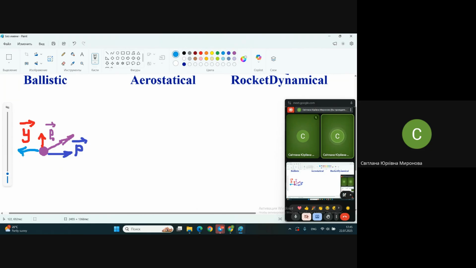This force, traditionally designated as the letter X, is called drag. So: lift, drag, and the force that starts pushing the object to the front.